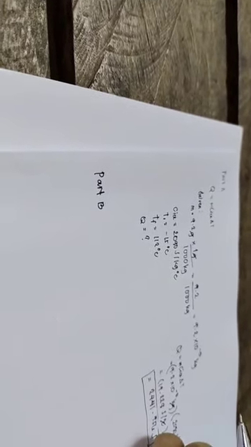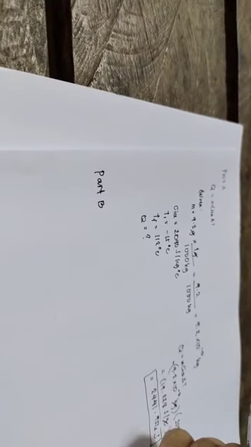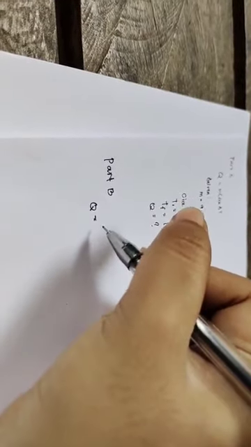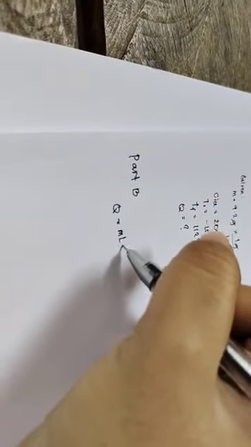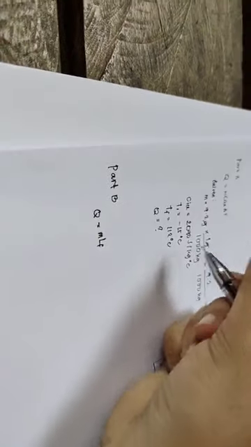In this part, we will solve for the absorbed energy by the melted ice using this equation: Q equals mLF. So we'll get the givens first.